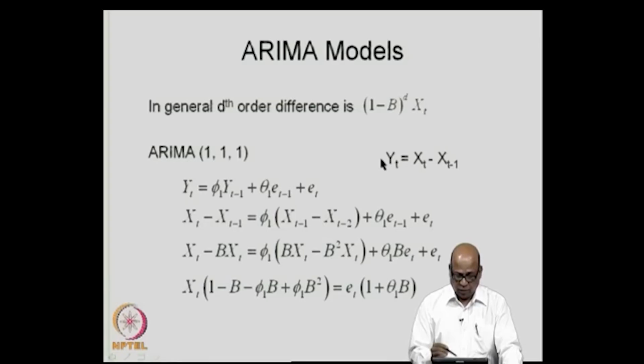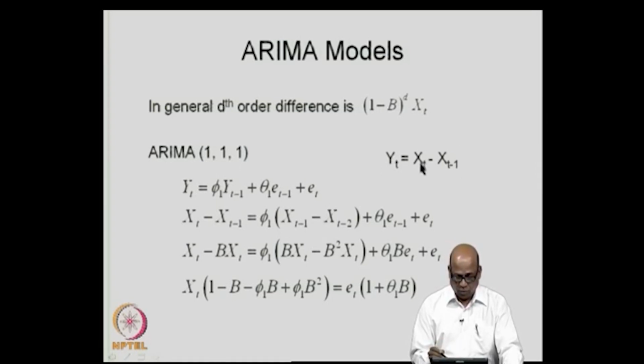So, this is first order differencing. So, y t is equal to x t minus x t minus 1. I will constitute another series now, which is a first order difference series, and then apply the ARIMA model of order 1 1 on the difference series y t.